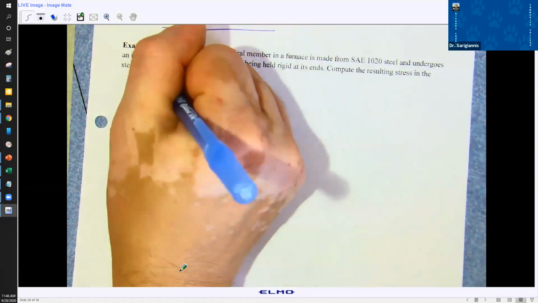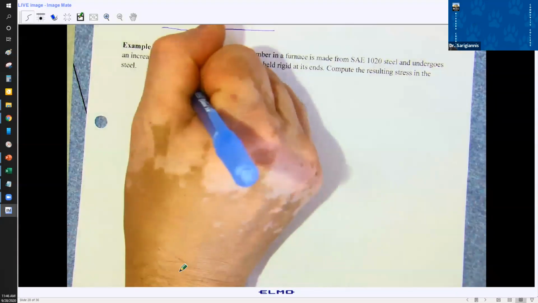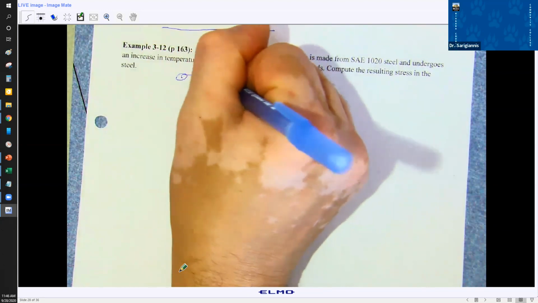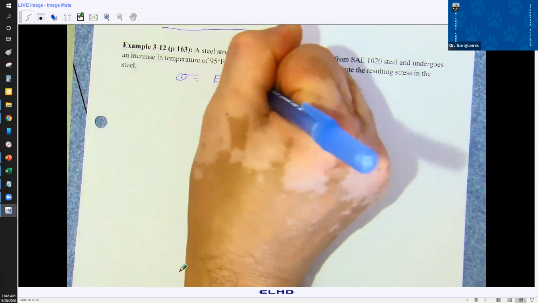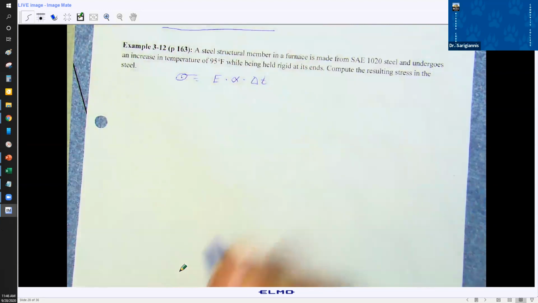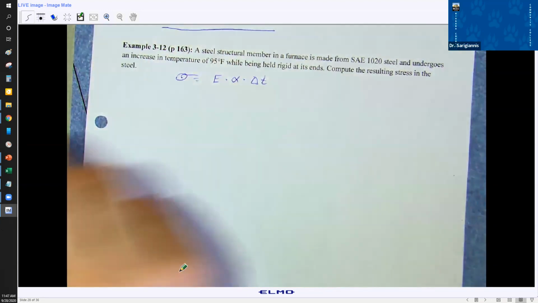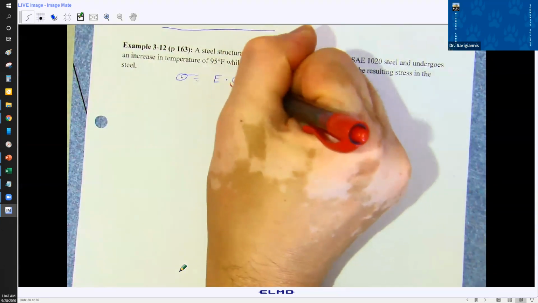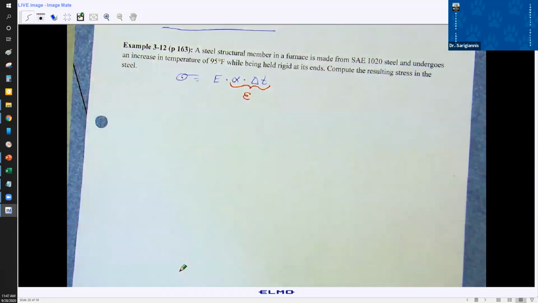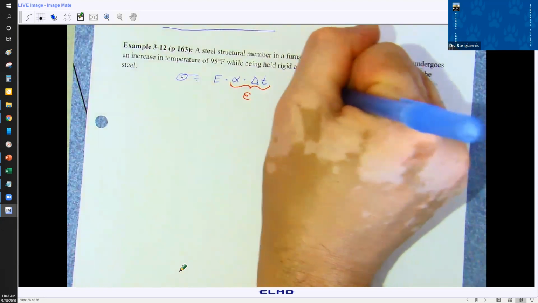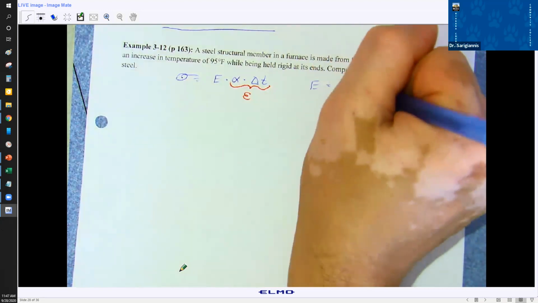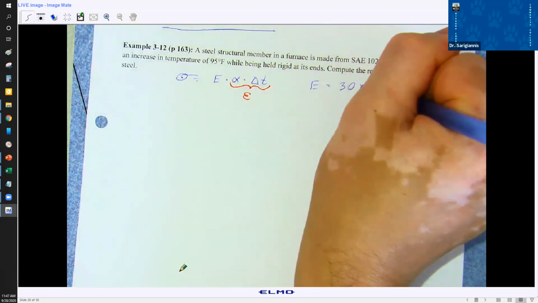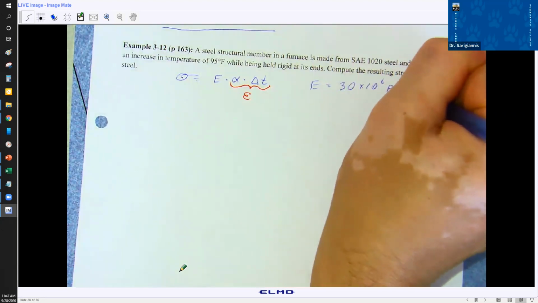All right. So the stress, remember, is Young's modulus times alpha times delta T, and this comes from the relationship of strain. The Young's modulus for steel is 30 times 10 to the 6th psi. We're working in English units in this problem.